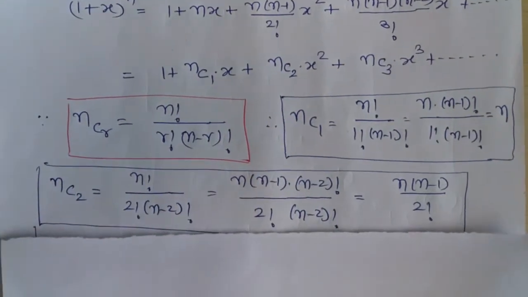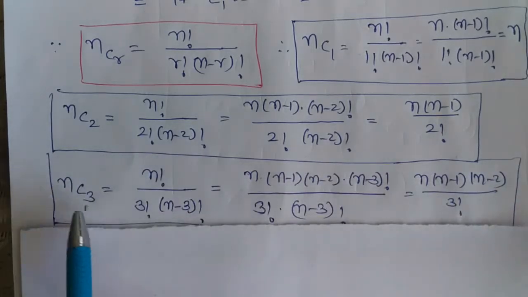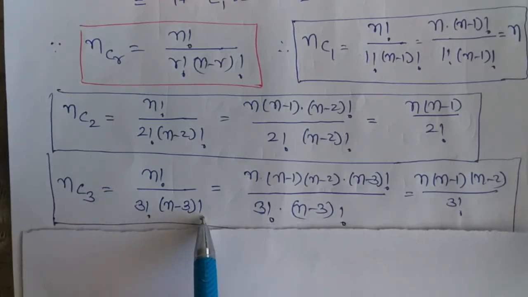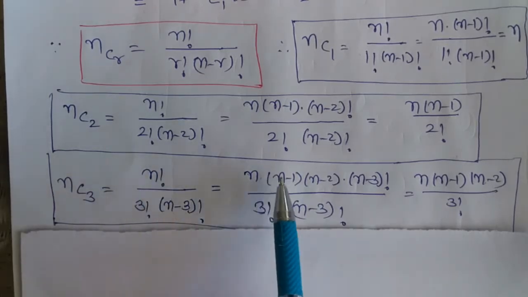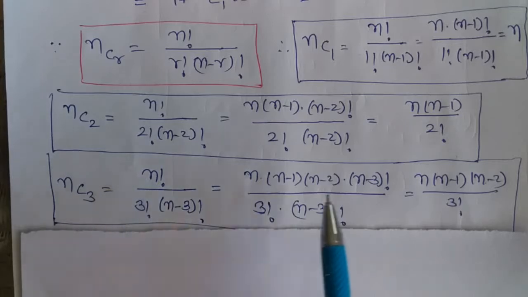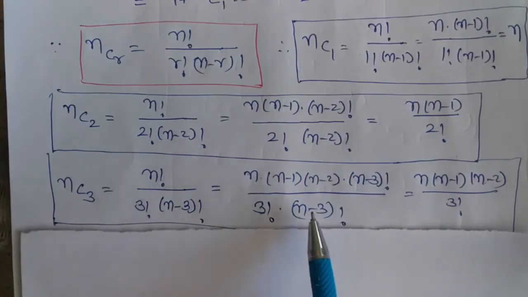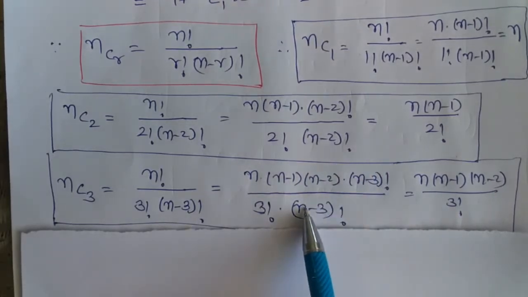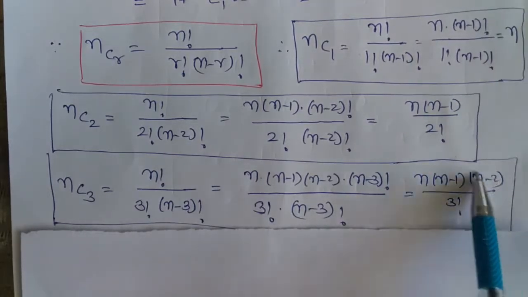And similarly for r equal to 3, we get nC3, which gives n!/(3!(n-3)!). We write the numerator n! as n(n-1)(n-2)(n-3)! over 3!(n-3)!. So (n-3)! cancels, and we get n(n-1)(n-2)/3!.